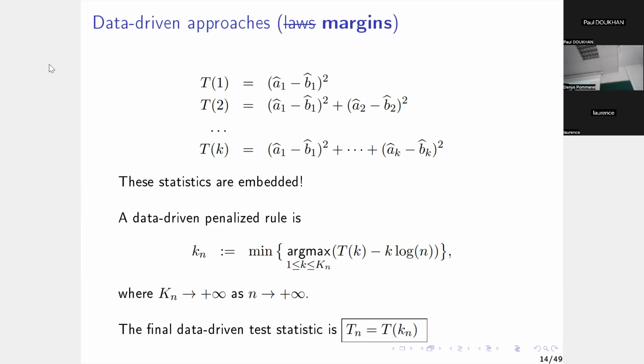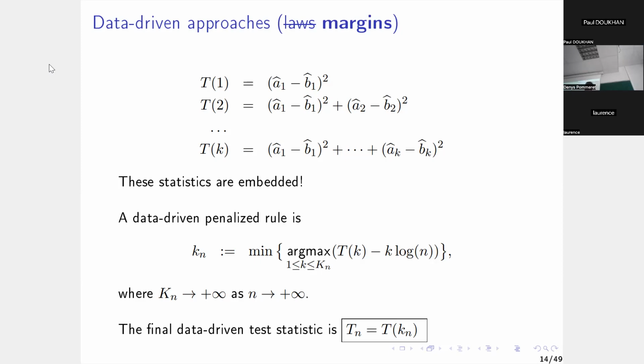Why we keep the first one also is to have a series of embedded statistics. That's very important because in such case, this is like a Schwarz criterion or AIC criterion. You have embedded statistics, a number of components that is increasing, and you use a penalty rule.